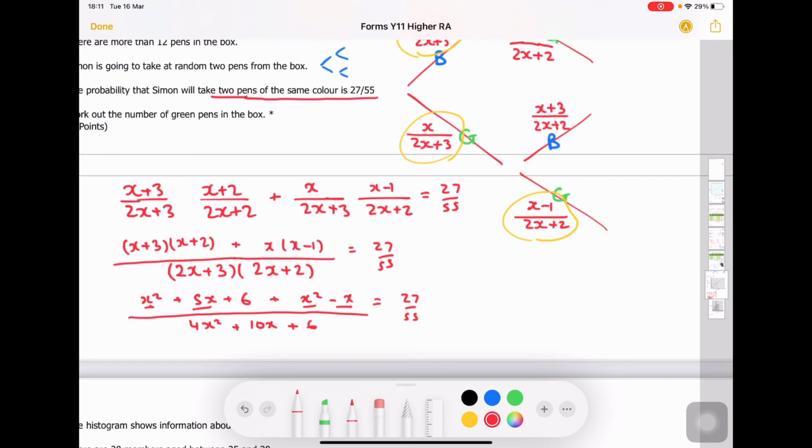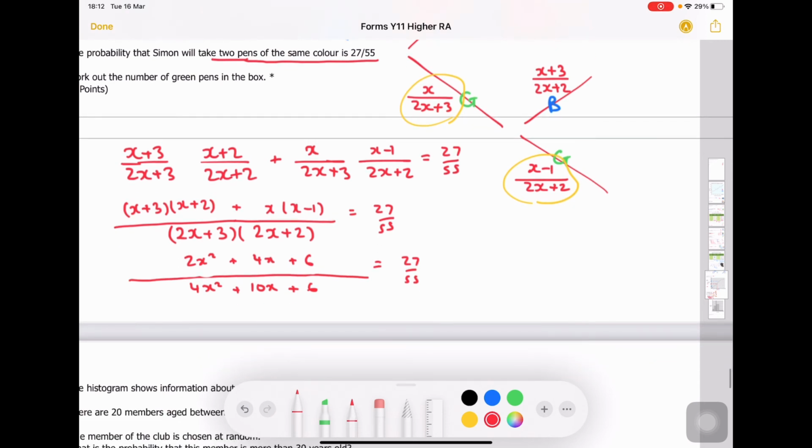So 2x squared plus 4x plus 6. We can simplify it because I can see here we have even numbers.